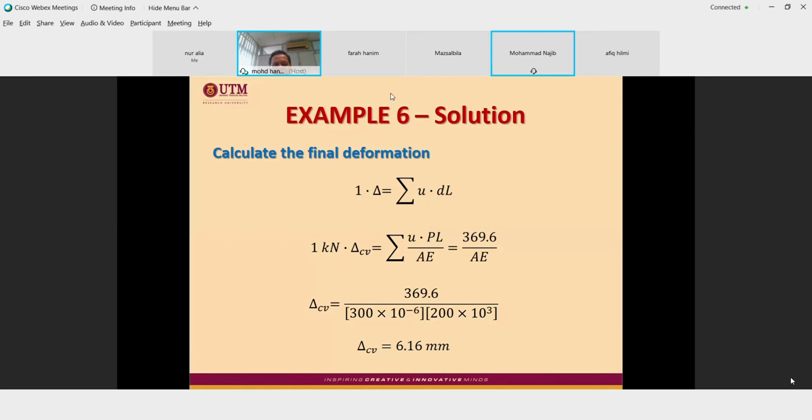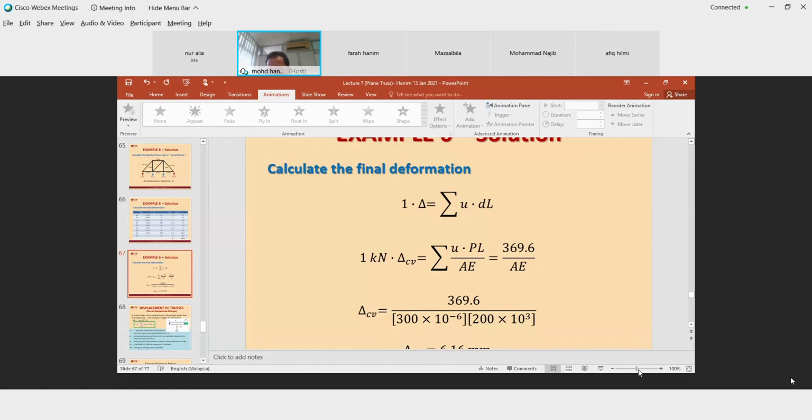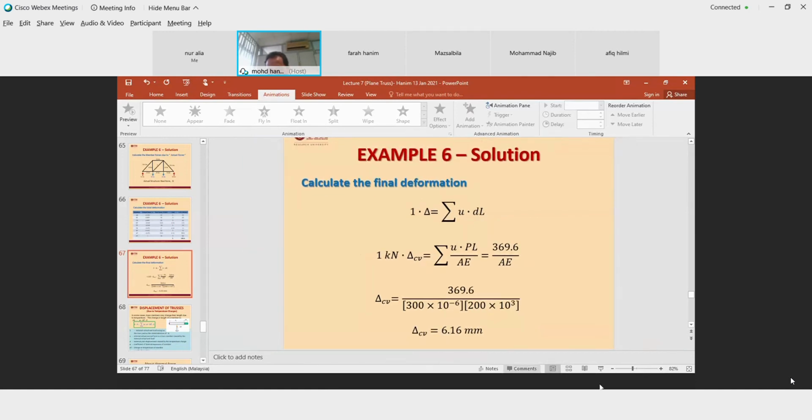Sorry, I'm adjusting the volume. I'm not very familiar with how to adjust the volume online. Okay. What is the question?